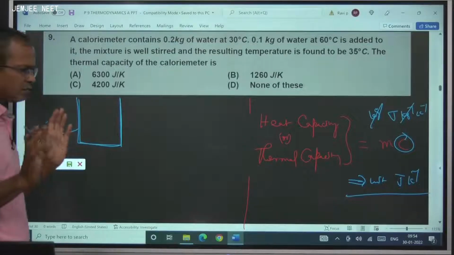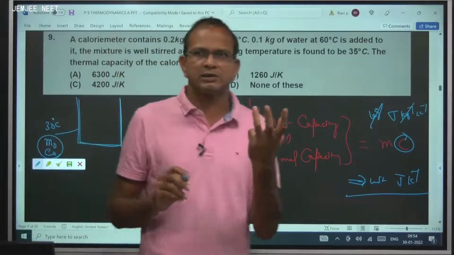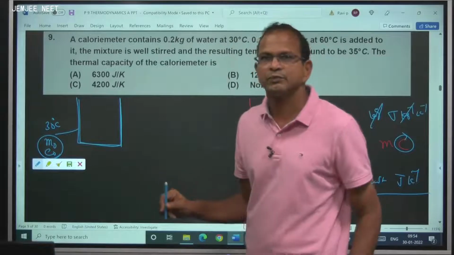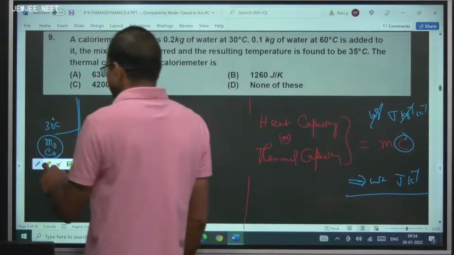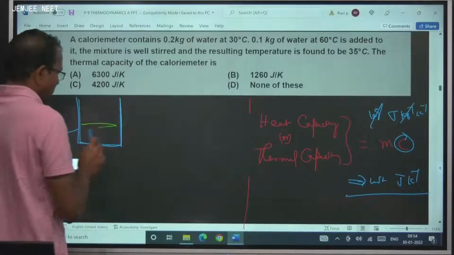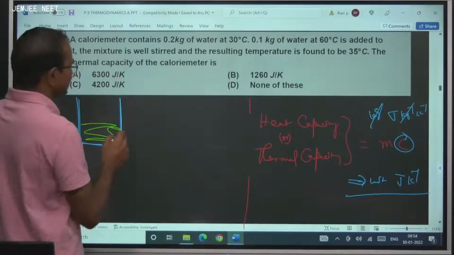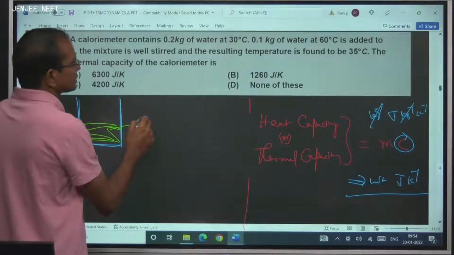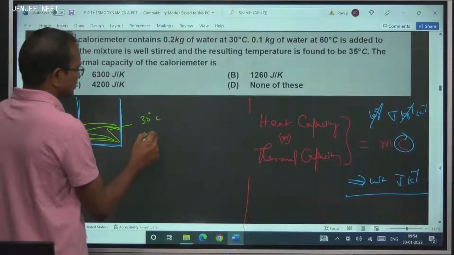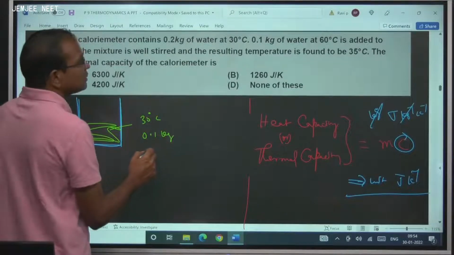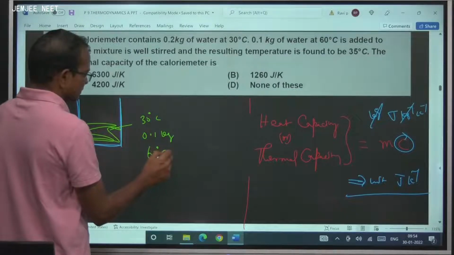This is a calorimeter, a box, maybe copper, empty as of now. Now you fill it with the first liquid, water at 30 degrees Celsius.